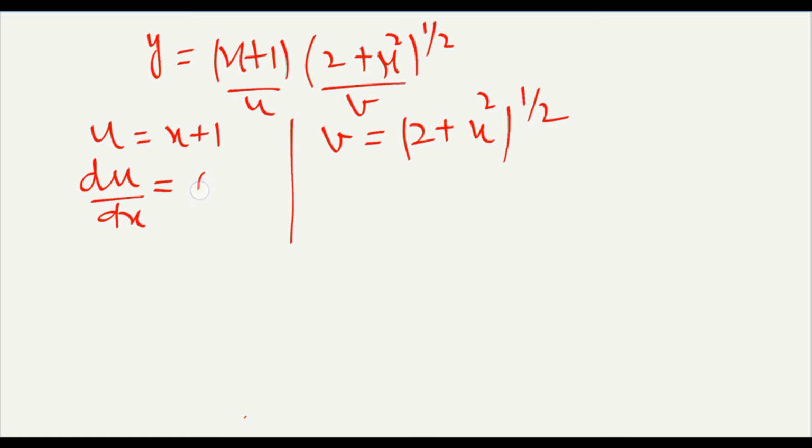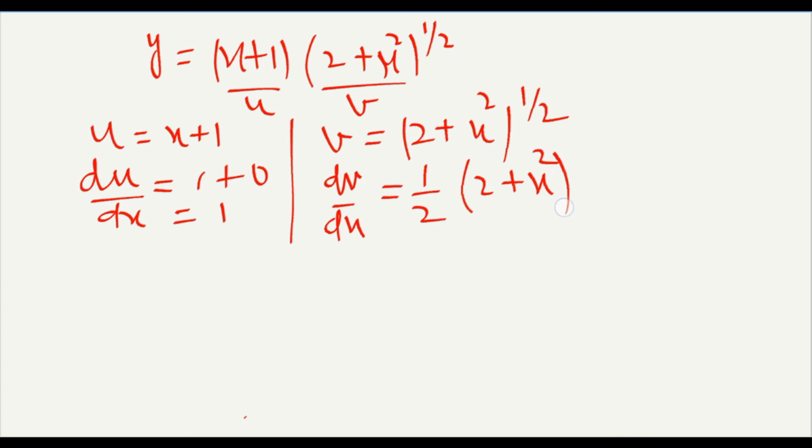So du by dx should be 1 plus 0, which is 1, and dv by dx, you remember the chain rule: bring the power to the left, keep the base as it is, reduce the power by 1, and then differentiate the base 2 plus x square with respect to x.